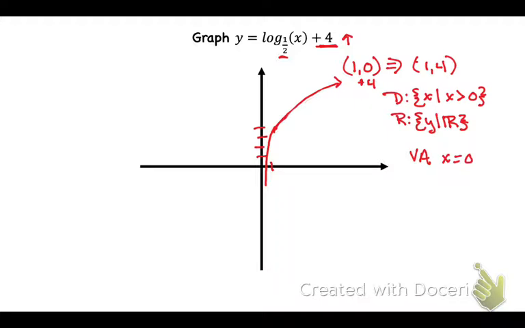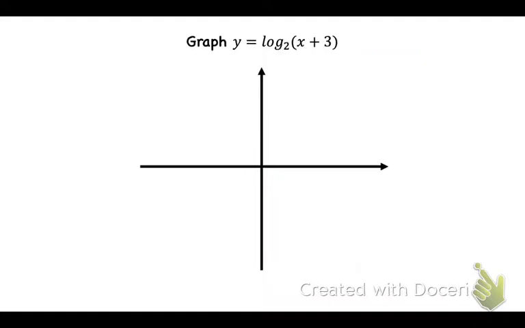Okay. What's this one going to do? Move left 3. It's moving left 3 because it's always the opposite when it's in with the x.